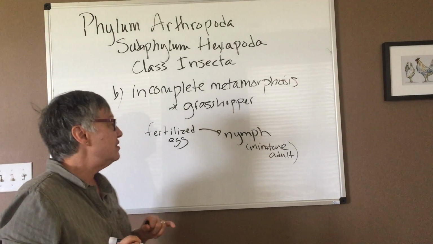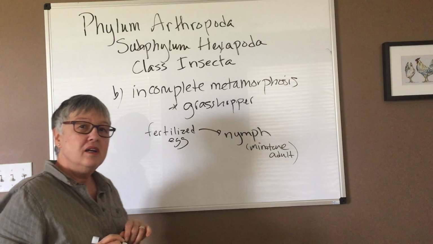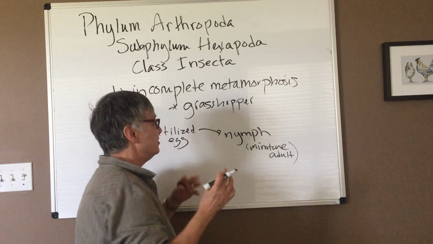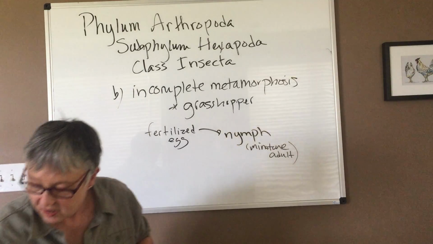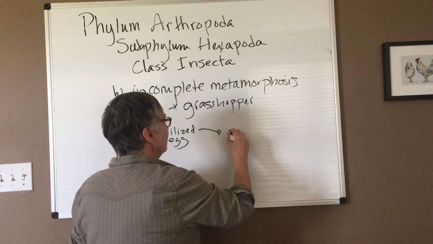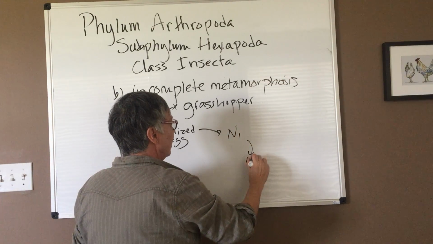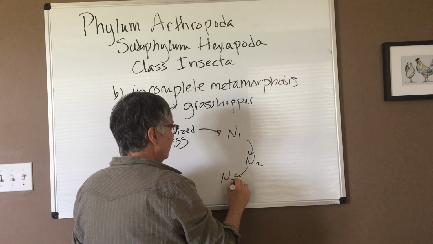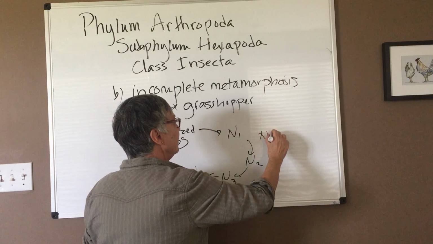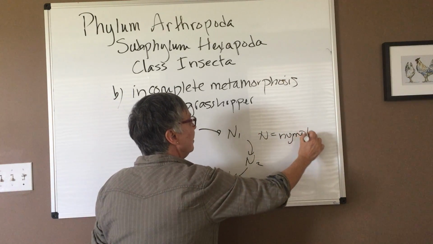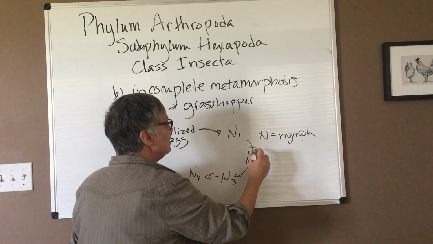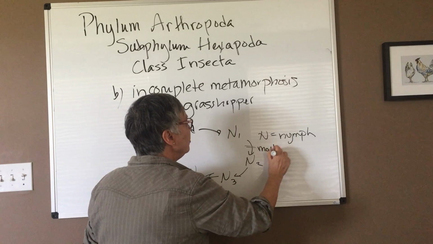The nymph phase actually might go through several different sizes of nymphs. So sometimes we'll refer to these different nymph stages as N1, N2, N3, maybe even N4. So again, N equals nymph. And what happens between each stage is a process that we call molting.